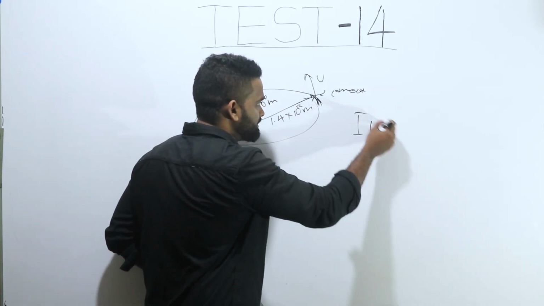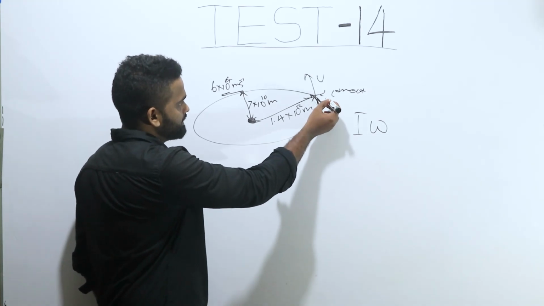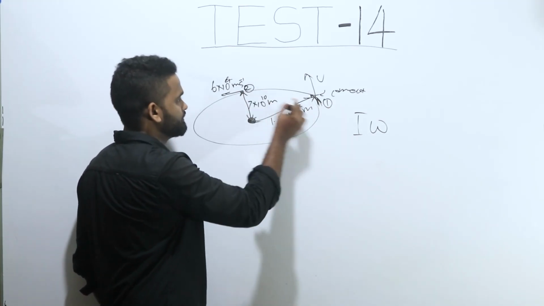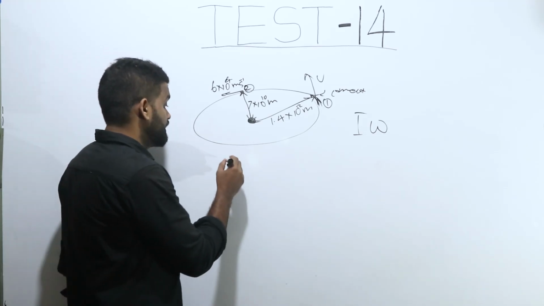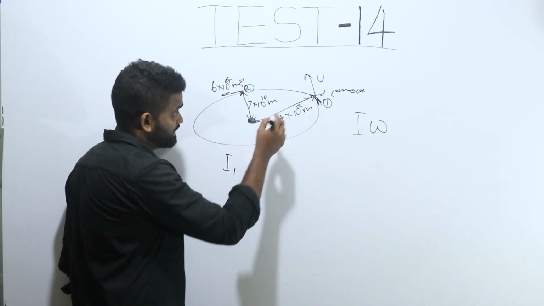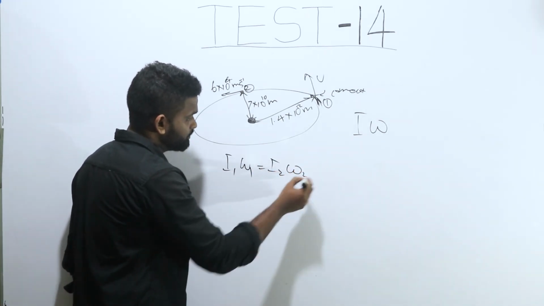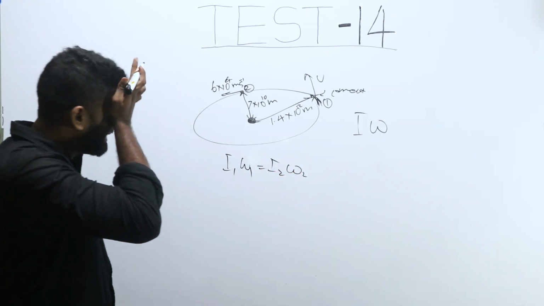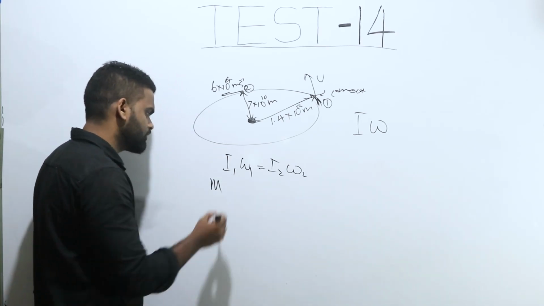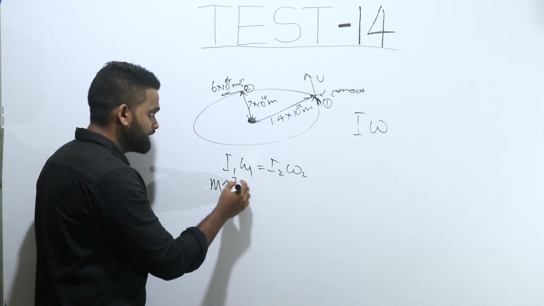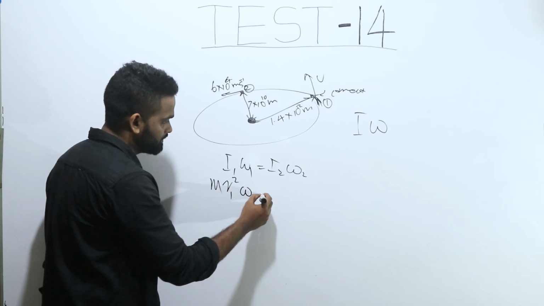Angular momentum is I omega, right? So here and here, the angular momentum should be the same. I'll say I1 omega 1 equals I2 omega 2. For I1, I can say mass of the comet times R1 squared, times omega 1.